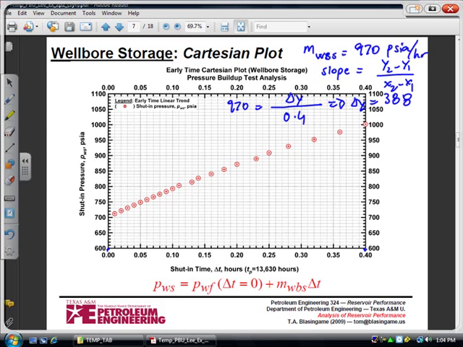Is it right? So if I start from 600, then my y2 should be around here.